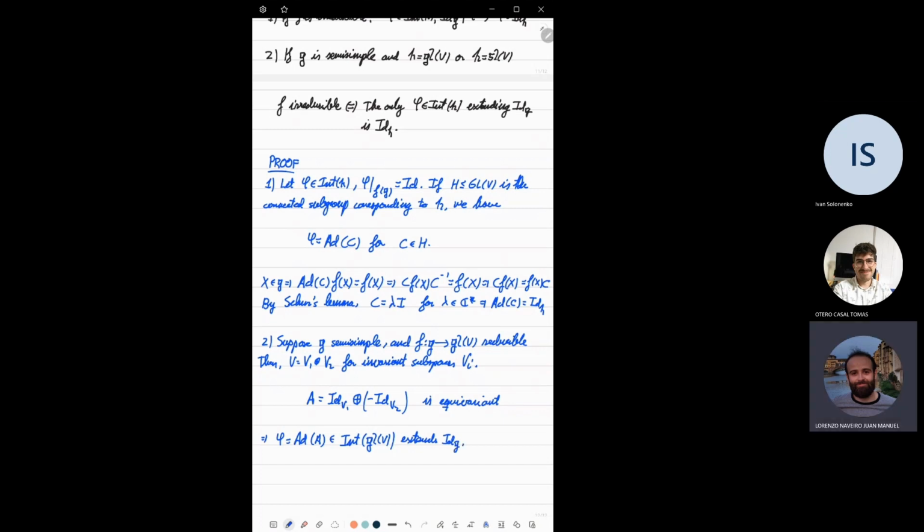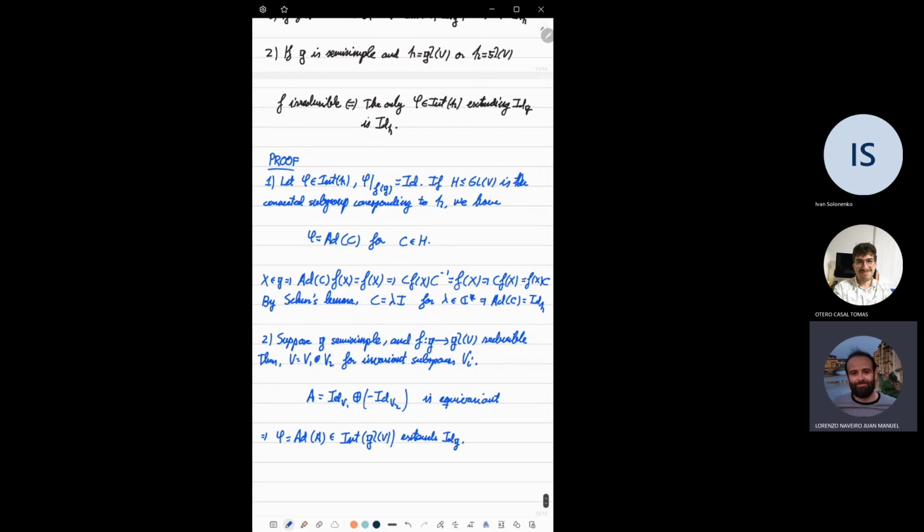Okay, so this gives a contradiction. And if we want to prove the same for H equal to SL(V), we simply have to adjust this operator so that it has determinant 1.